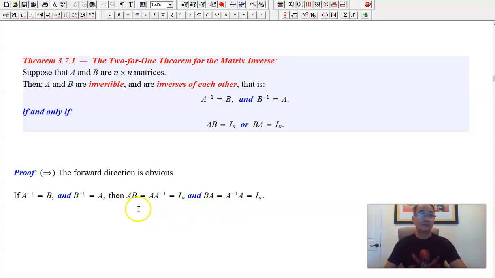And in fact, of course, that's true. A times B is A times A inverse, which is the identity. B times A is also A inverse times A, which is, again, the identity. So it is, of course, the backwards condition or the backwards implication, which needs some proof.